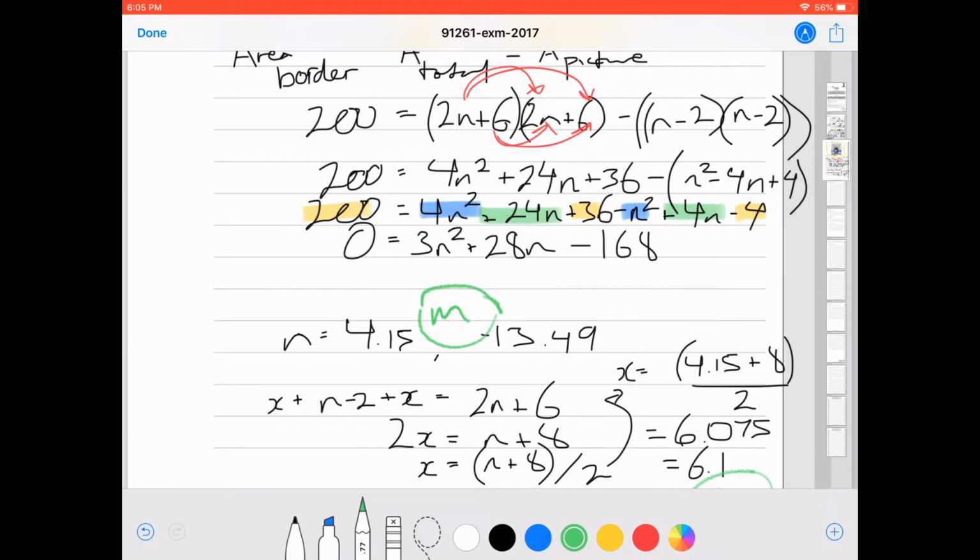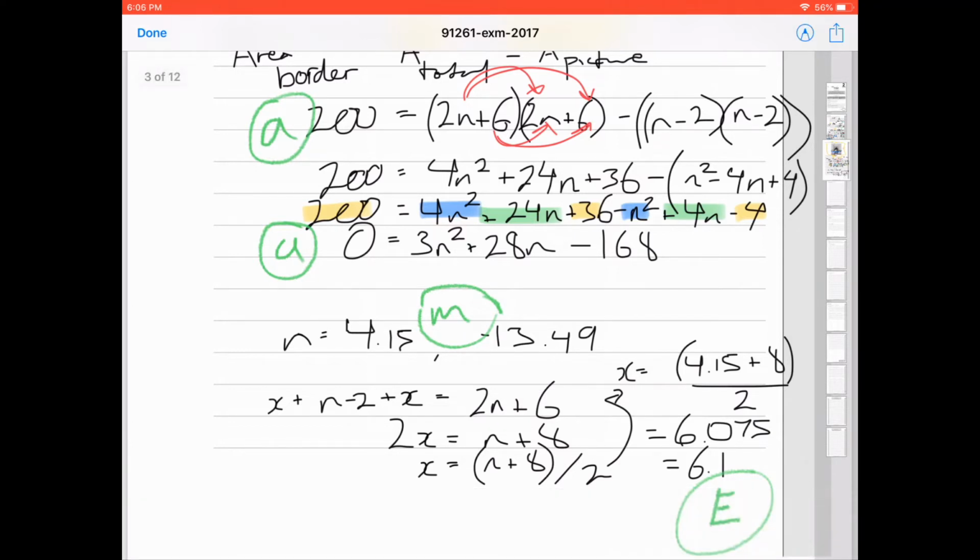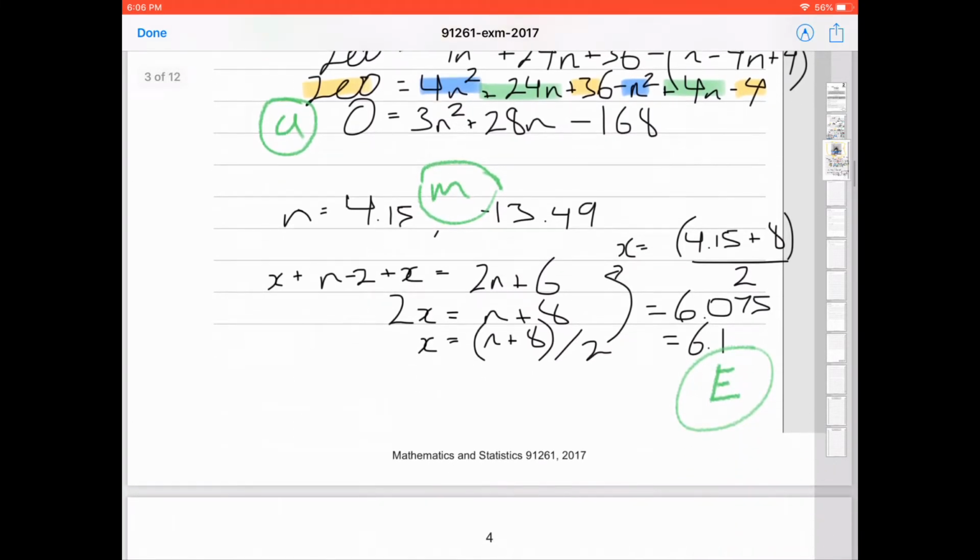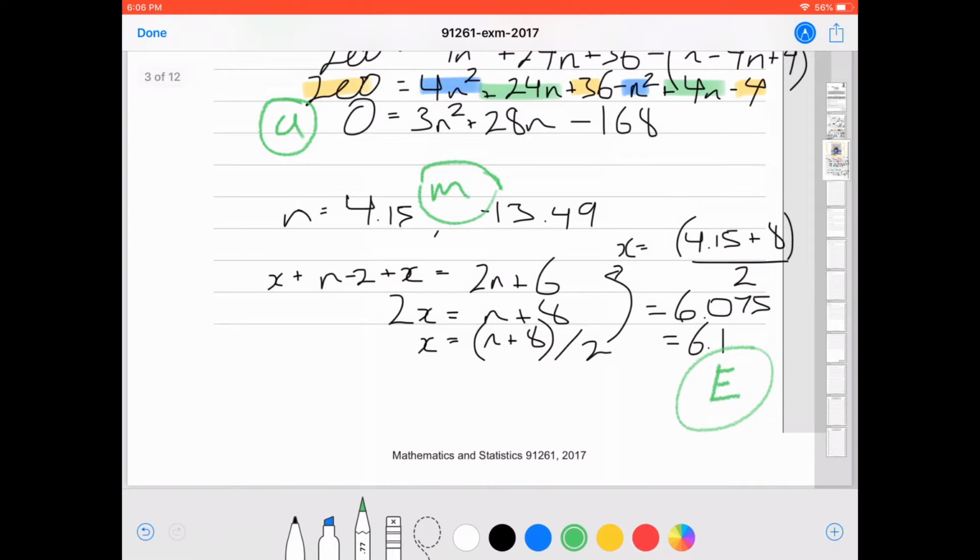So possibly the step here, maybe right at the start. I can't quite tell. It just says sets up a quadratic. And that other part finds expression for width in terms of n. So yeah, possibly that's something you did right at the start. And so this would get you an achieved.